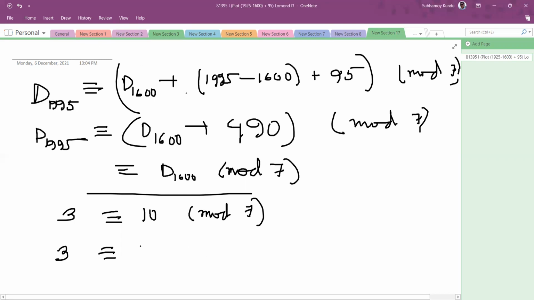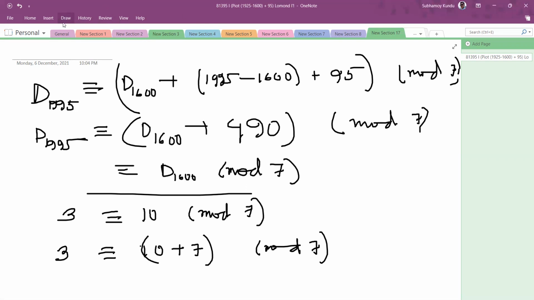It is nothing but 10 plus 7. So we can say that D 1995 and D 1600 are also congruent modulo 7.